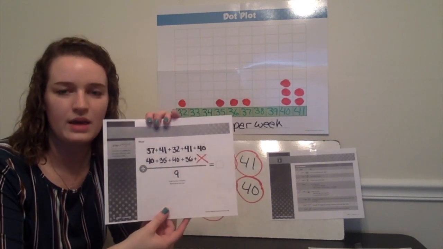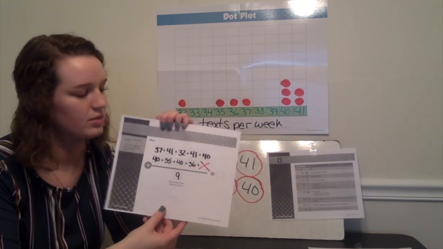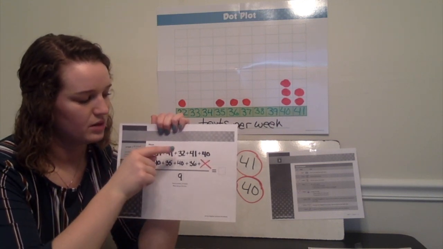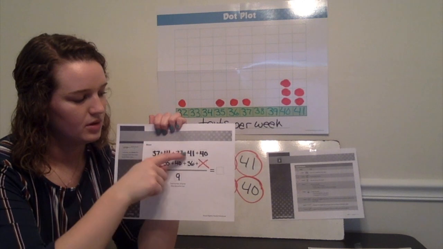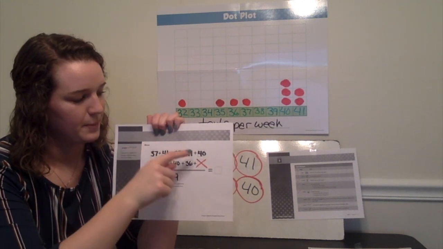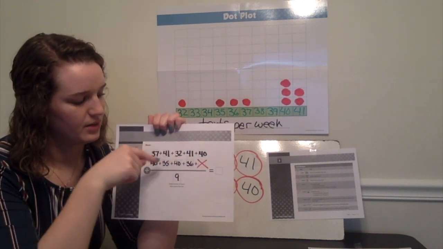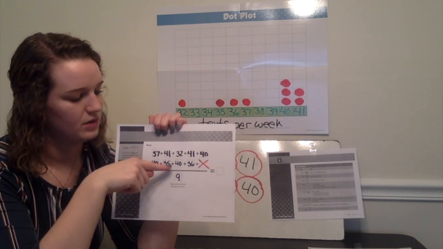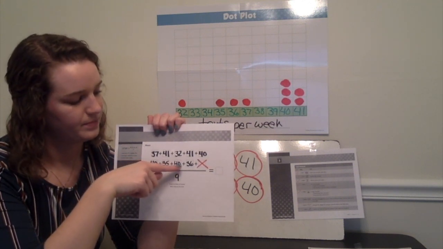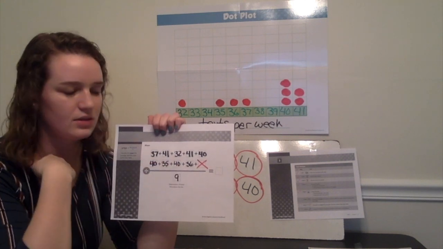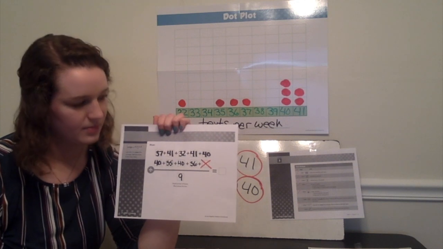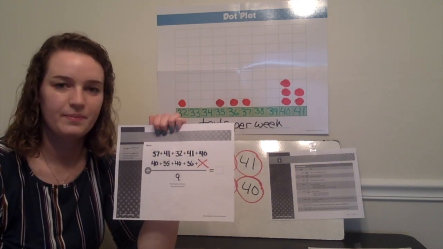Go ahead and do that. Put all your numbers in there. 37 plus 41 plus 32 plus 41 plus 40 plus 40 plus 35 plus 40 plus 36. And then once you have all those in, you can hit equals. Okay?